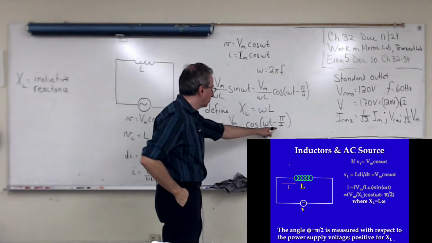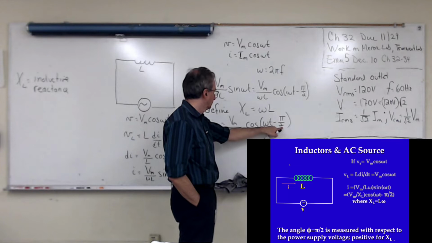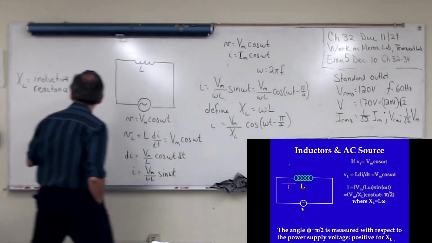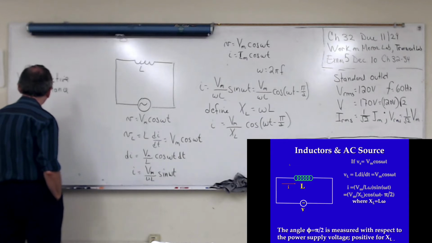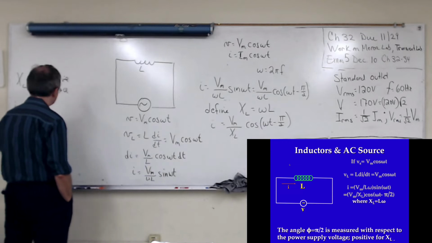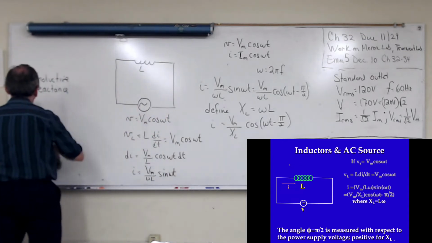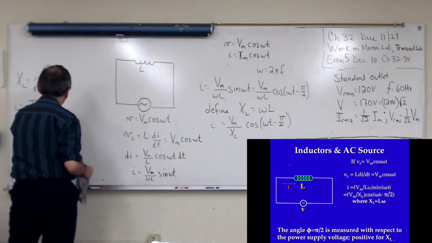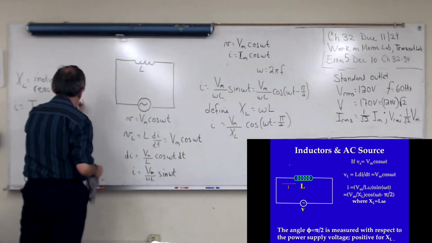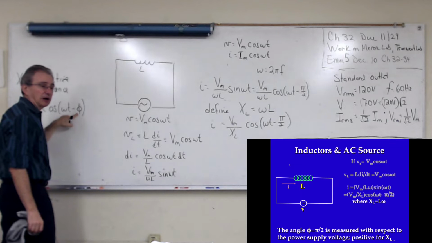And I'm going to denote this angle as phi. So in general, what I'm going to do is write the current like this. Or I'll write it this way, where this angle phi is measured with respect to the power supply voltage.